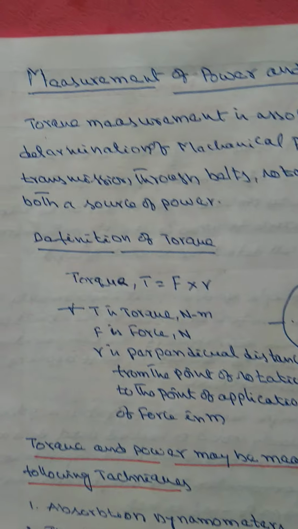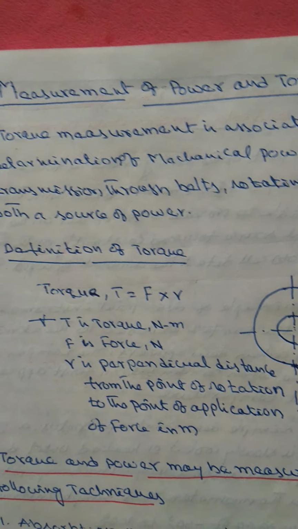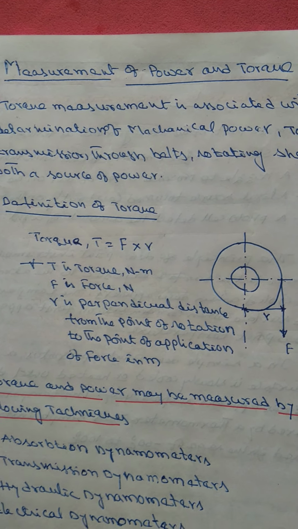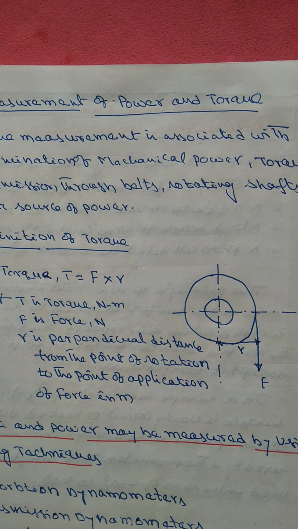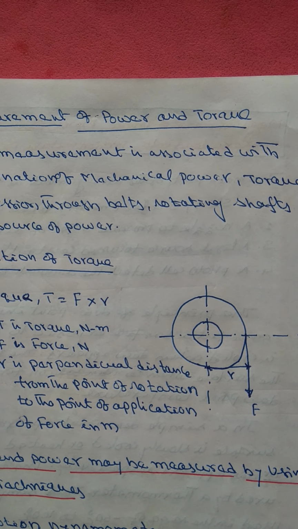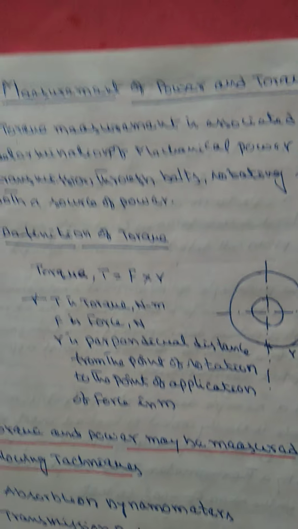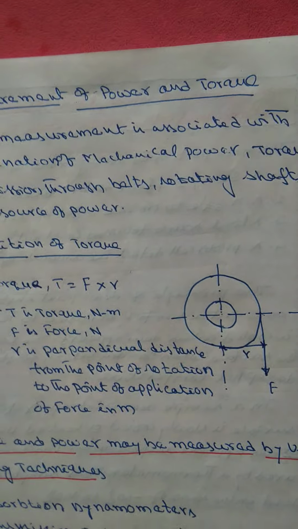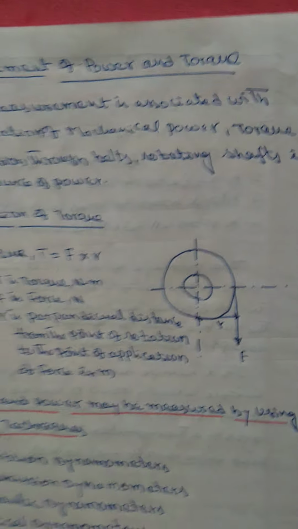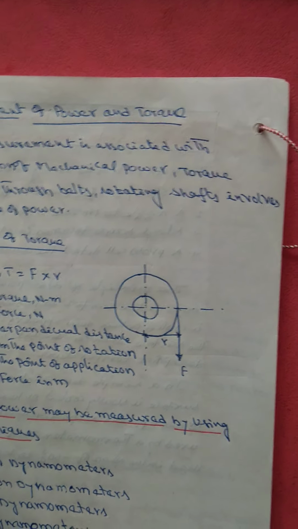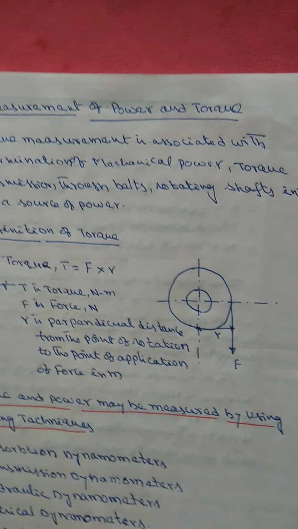Now that is the setup of dew point temperature measurement. Now we will see the measurement of power and torque. What is power? We have seen so many equations: force into velocity is called power, whereas torque is force into distance, or radius.